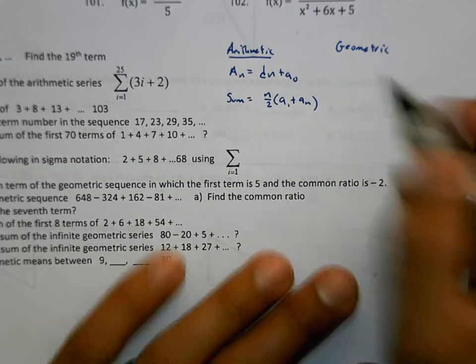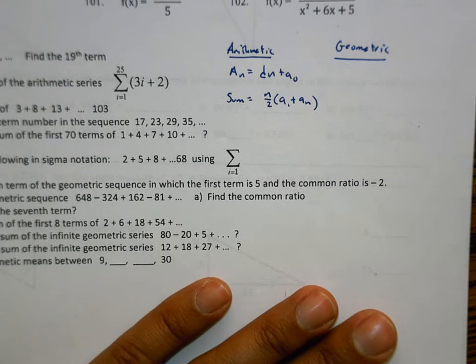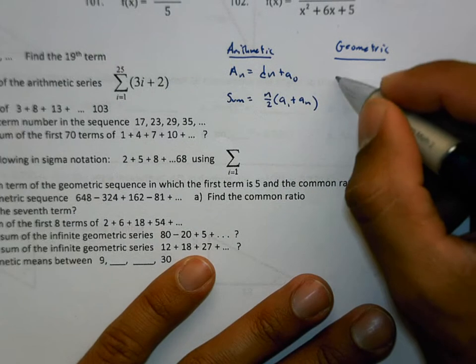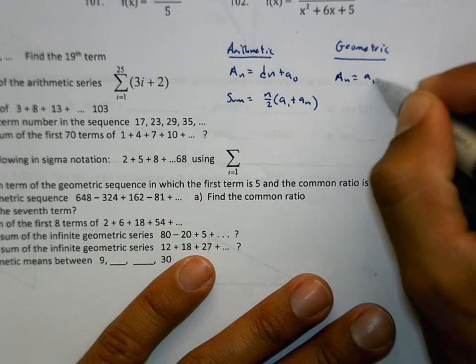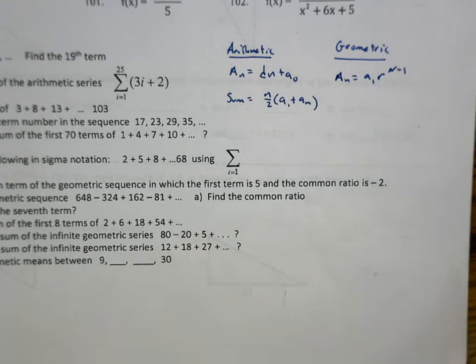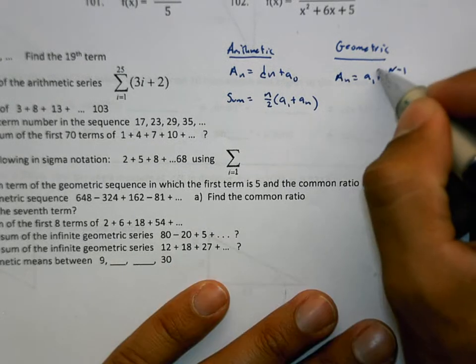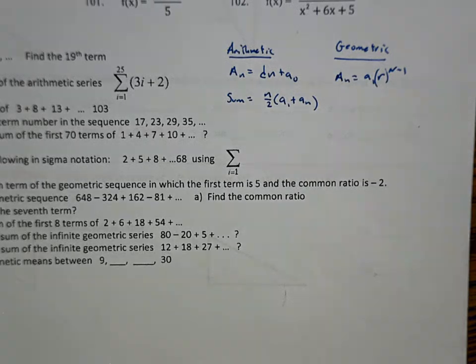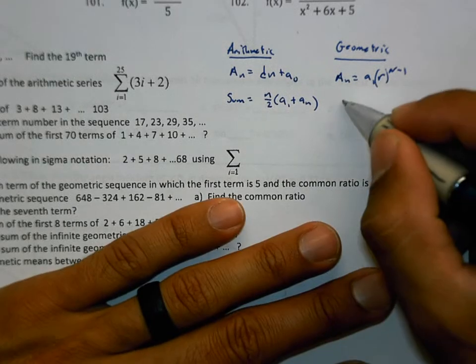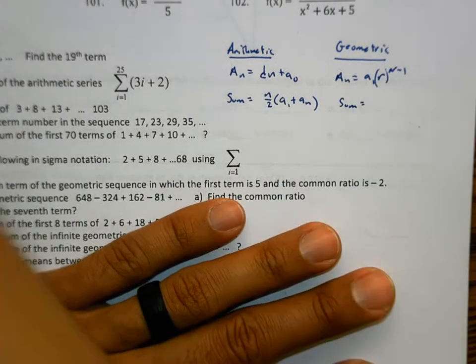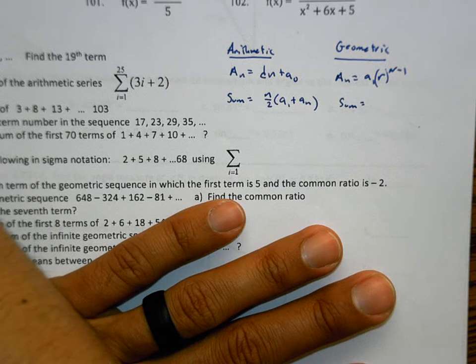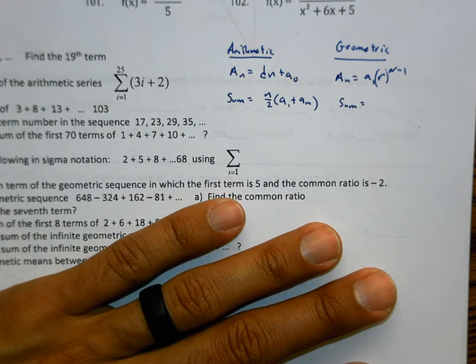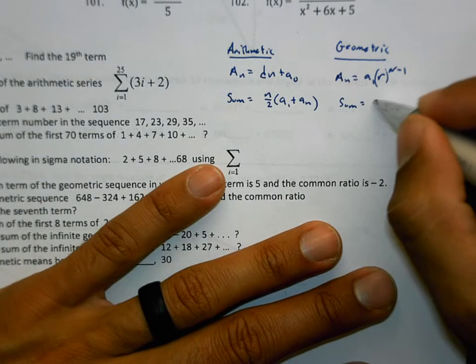We did the same thing for geometric. We called this one Arnold. A lot of times I put R in parentheses just so I would remember that it's just R to the n minus 1 power. And then the sum of a geometric sequence, knowing that there was a finite amount.